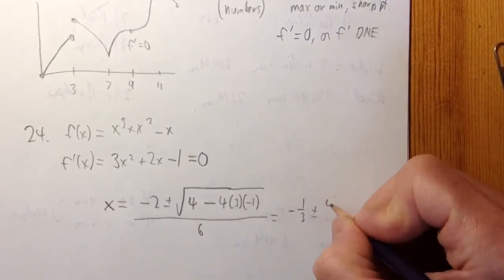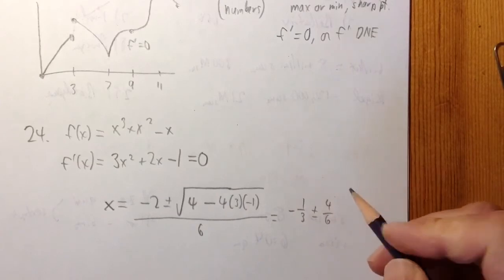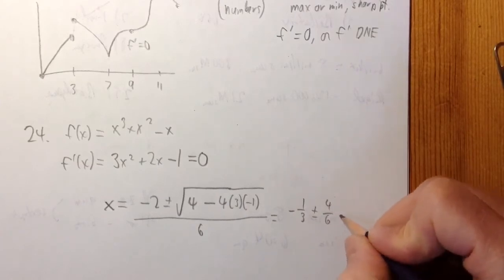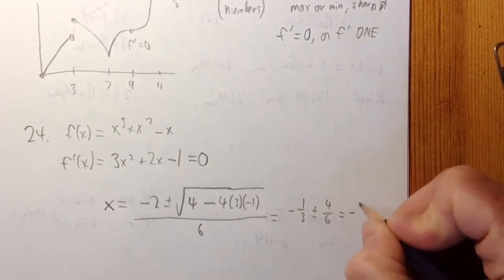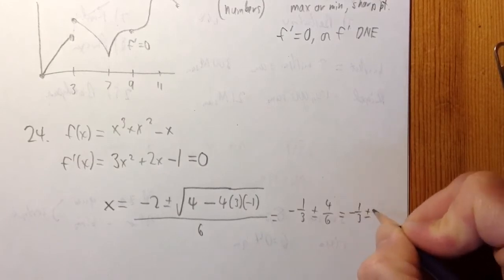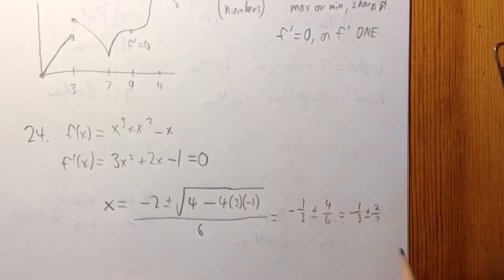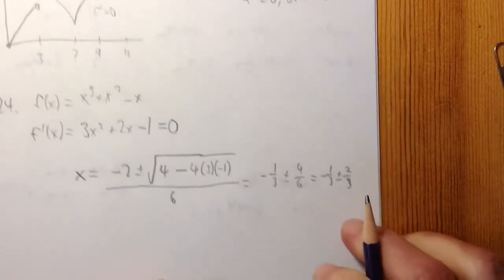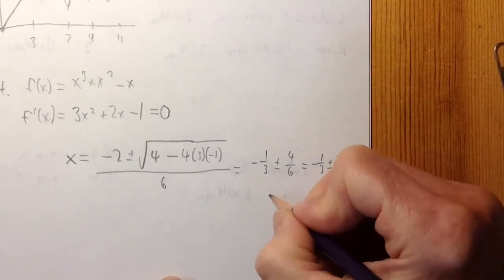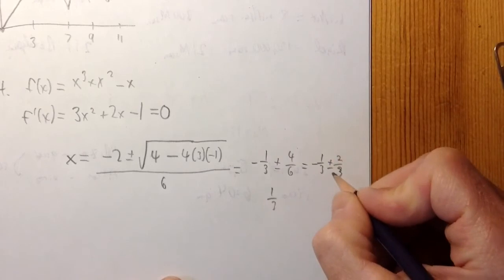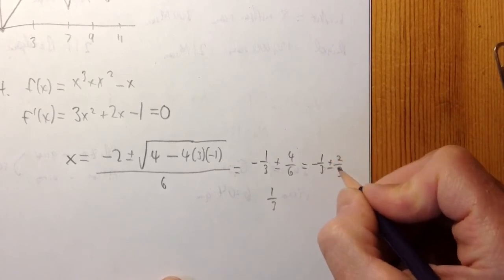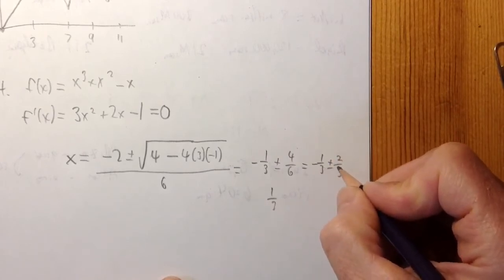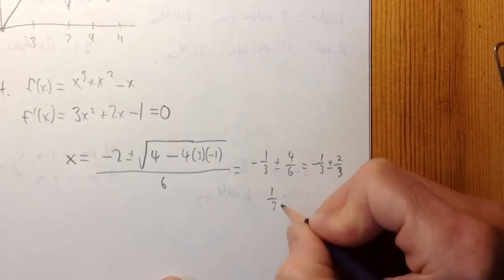So plus or minus 4/6, if I did that right, and 4/6 is 2/3, so it's negative 1/3 plus or minus 2/3. When it's plus 2/3, it's 1/3. When it's minus 2/3, negative 1/3 minus 2/3 is negative 1.